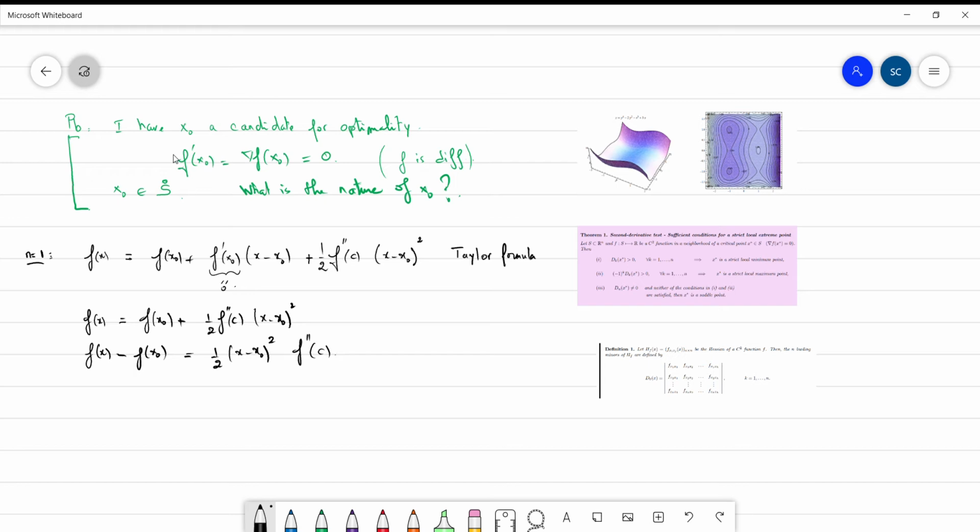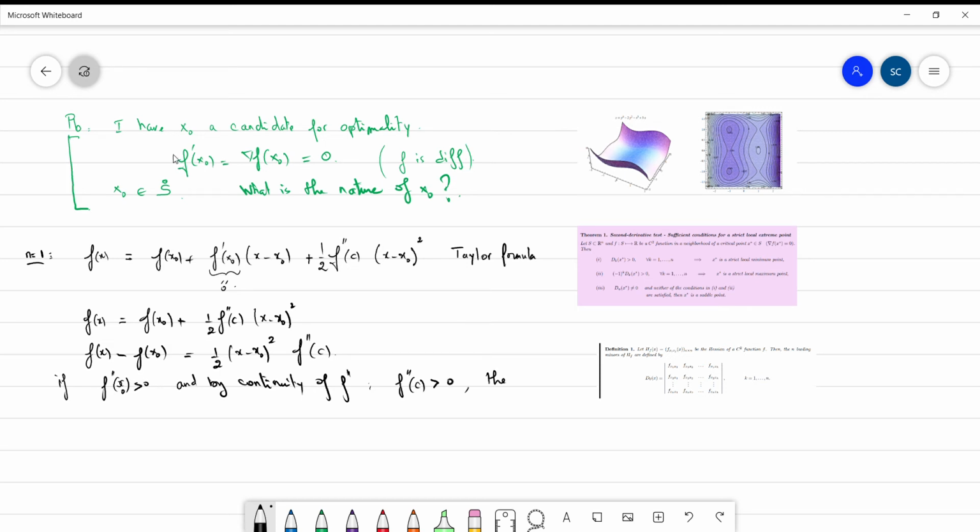So if I know that f second of c is positive, in particular if I have f second at x0 positive, and I use continuity of the second derivative, which supposes more regularity for my higher derivative, then f second at c will be positive.